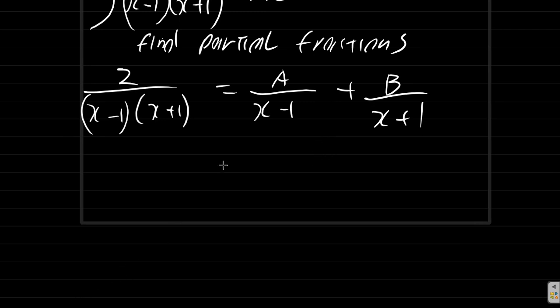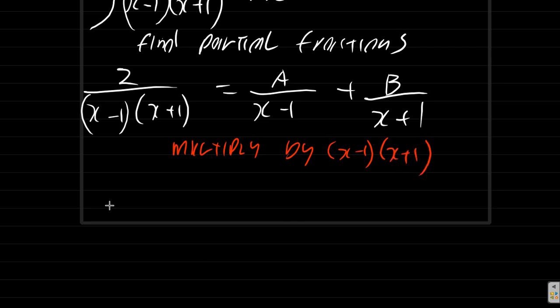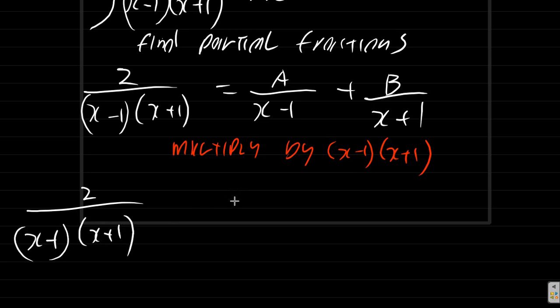What we'll do as a step here is multiply by (x minus 1)(x plus 1). So we have 2 over (x minus 1)(x plus 1) equal a over x minus 1 plus b over x plus 1.